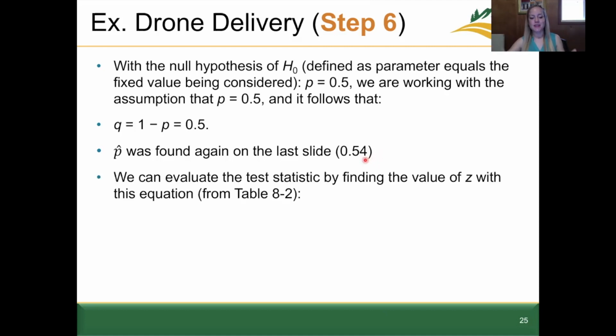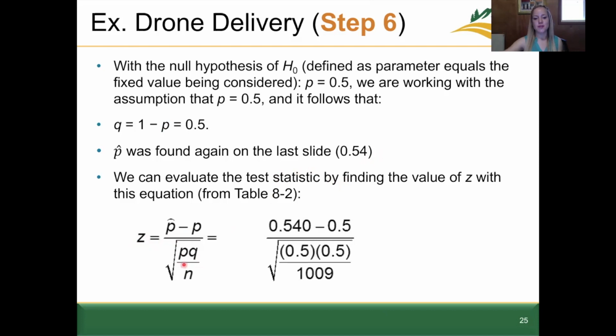Now it's time to calculate for z, so we can do that with the formula that's in table A2 that we've seen on a couple slides ago. That formula is seen here, so z is equal to p hat minus p all over the square root of p times q divided by n. Let's plug in the values that we know here. So 0.540 is our p hat value, minus p, which is 0.5. We got 0.5 by assuming that our null hypothesis is true.